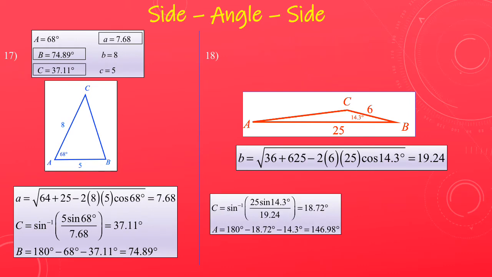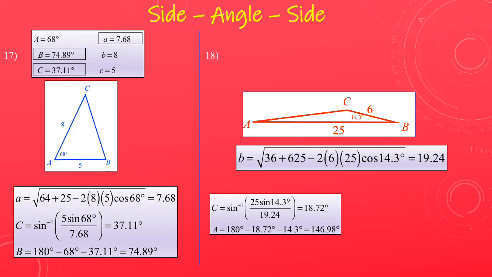So now we switch to the law of sines. We go for angle C, which is equal to the inverse sine of 25 sine 14.3 degrees over 19.24, and that gives us 18.72 degrees.